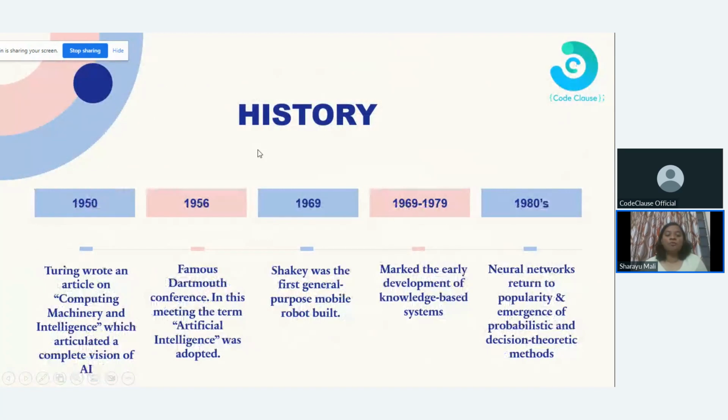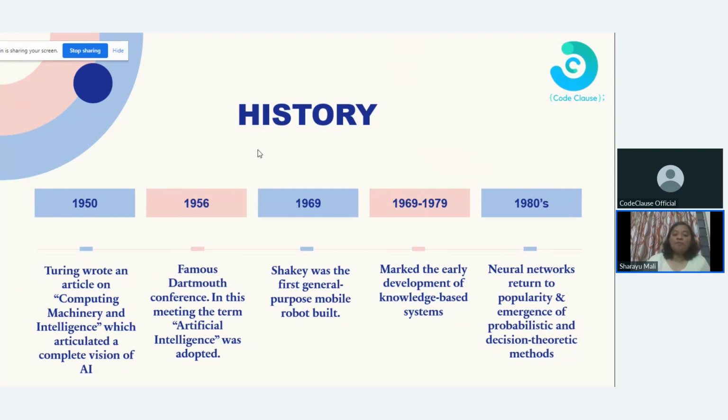So let's see a bit of history about AI. AI has been in existence since the 1950s. In 1950, Turing wrote an article on computing machinery and intelligence, which articulated a complete vision of AI. This was followed by the famous Dartmouth conference in 1956, where the term artificial intelligence was officially adopted.